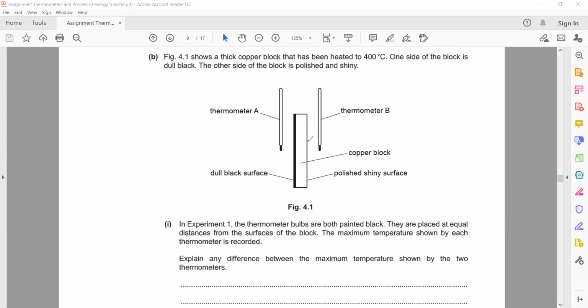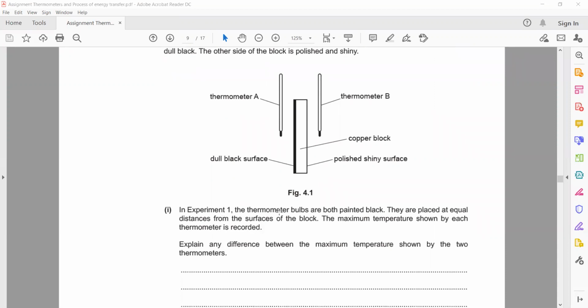In experiment 1, both thermometer bulbs are painted black. They are placed at an equal distance from the surface. The maximum temperature shown by each thermometer is recorded. Explain any difference between the maximum temperatures shown by the two thermometers. What will be the difference in the maximum temperature we read from these thermometers?